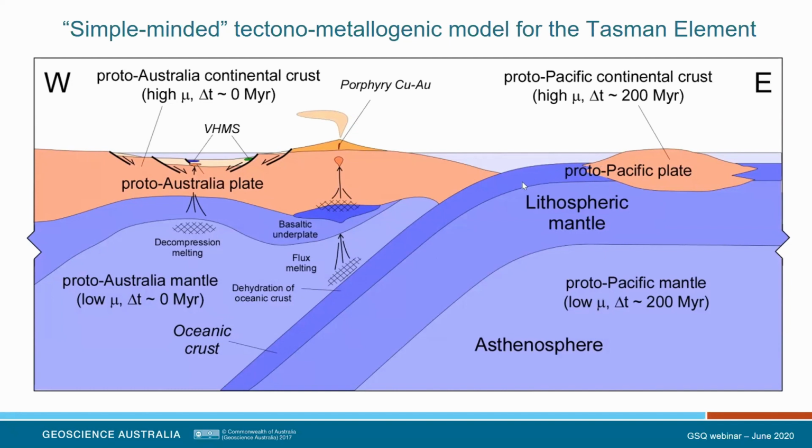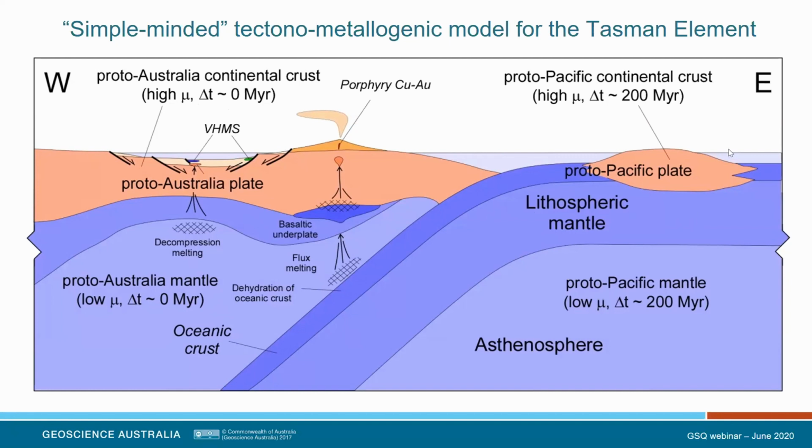You're subducting that along with the slab, which has a similar delta T value, but a much lower mu value because it's more juvenile. And you bring that underneath the proto-Australia continental crust, which has a high mu, and it has a delta T of around 0 per mil. Okay, so you're looking at a 4-component system when you also include the mantle underneath Australia.